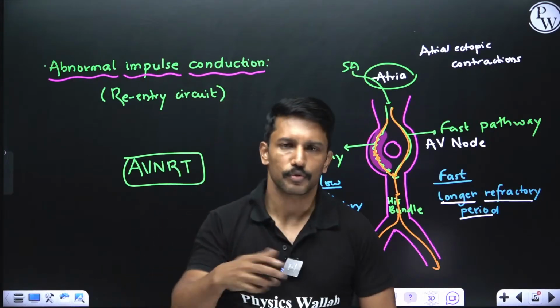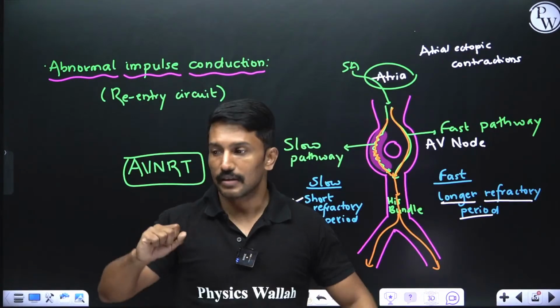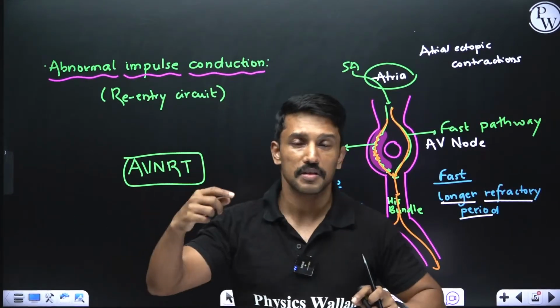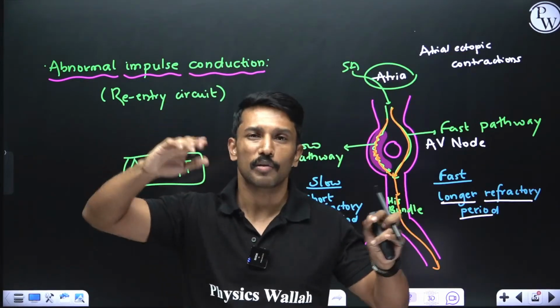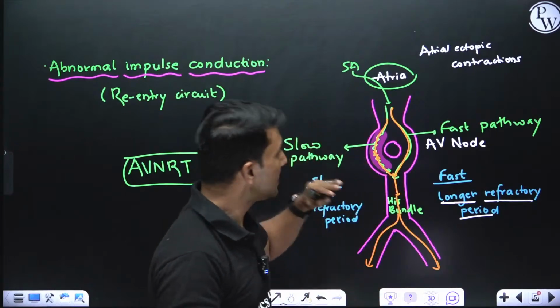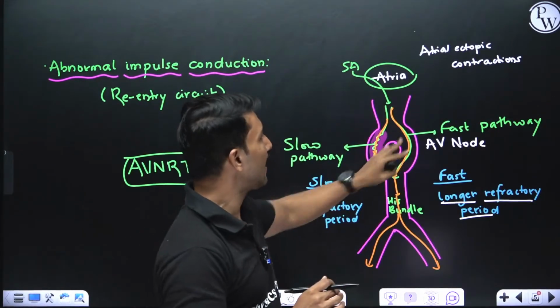Like, I am now talking to you at a stable heart rate, but then suddenly I get scared because I heard a blast somewhere. Now my sympathetic nervous system will get activated and it will activate the SA node. So SA node automaticity increases, and the SA node will start firing faster. So the next atrial impulse may come much earlier than the anticipated period.